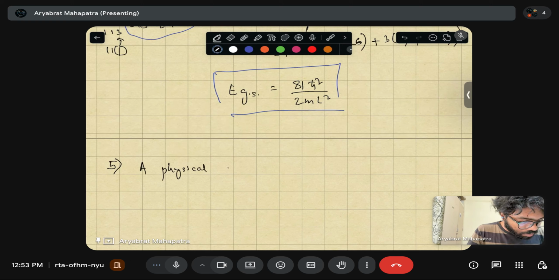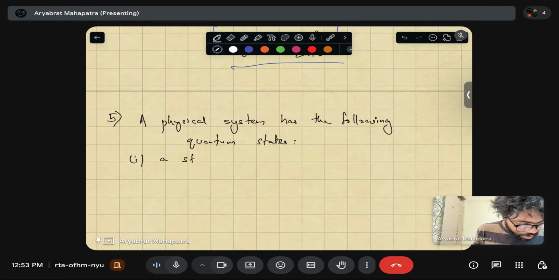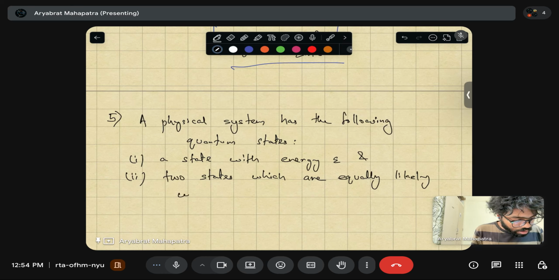So your physical system has the following quantum states: a state with energy epsilon 1, and two states which are equally likely with a common energy epsilon 2.